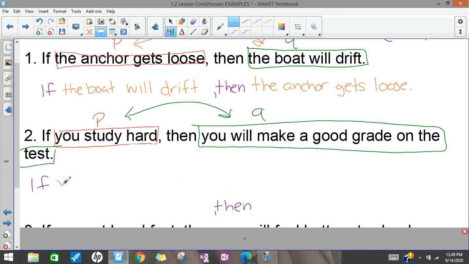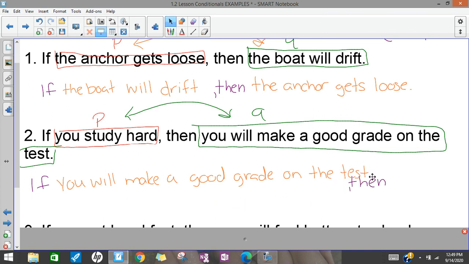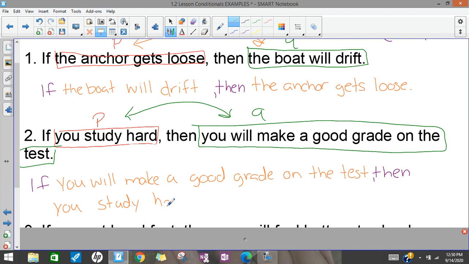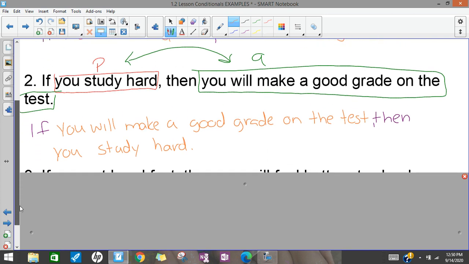That's why we do pencil. So if you will make a good grade on the test, then you study hard. So again, just switching P and Q.